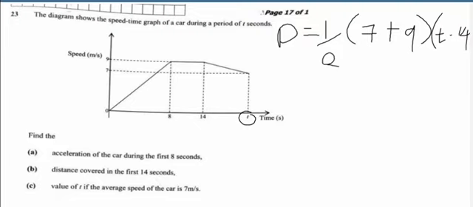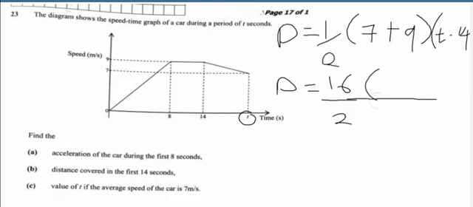Then from there, distance is going to be equal to 7 plus 9. We need to get 16. So here we have 16 multiplied by 1, we are going to get 16 divided by 2, then open bracket t minus 14, then close.